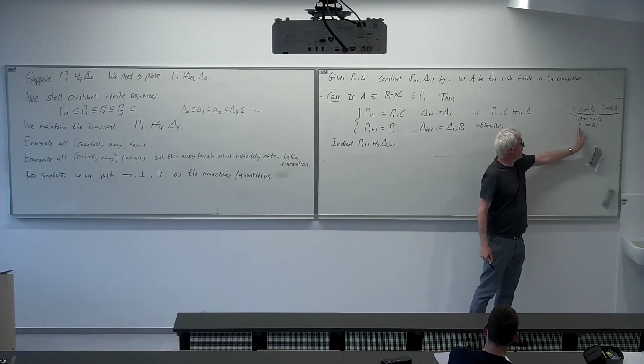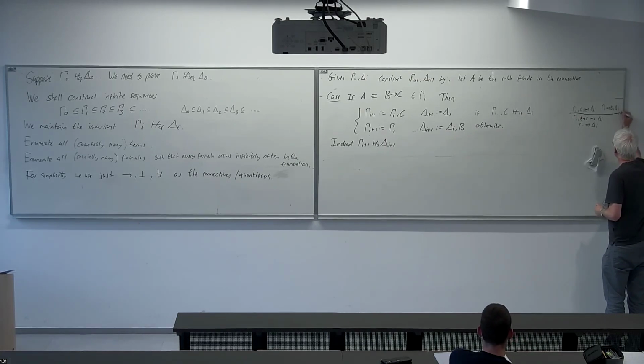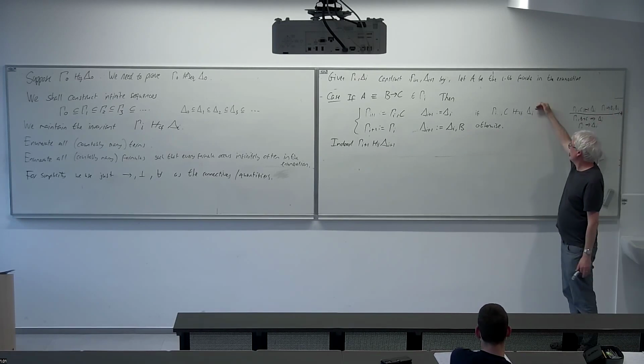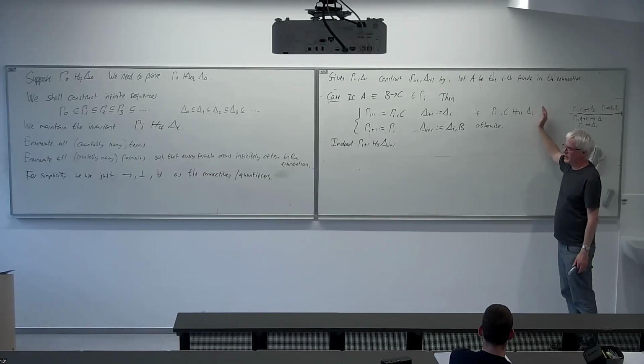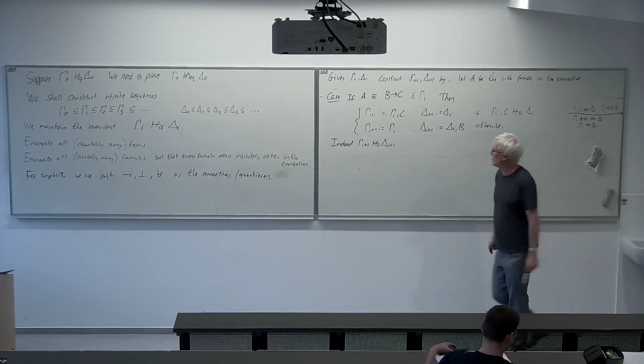So the point is that really what's happening is we've got that gamma i, delta i is not cut-free provable. Because it's got an implication in it, we could try to derive it by an implies left rule, as we do here. And because it's not provable, one of the premises must not be provable. And if it's the first premise, then we use that to get gamma i plus 1 and delta i plus 1. If it's not the first premise, then it must be the second premise, and we use the second premise.